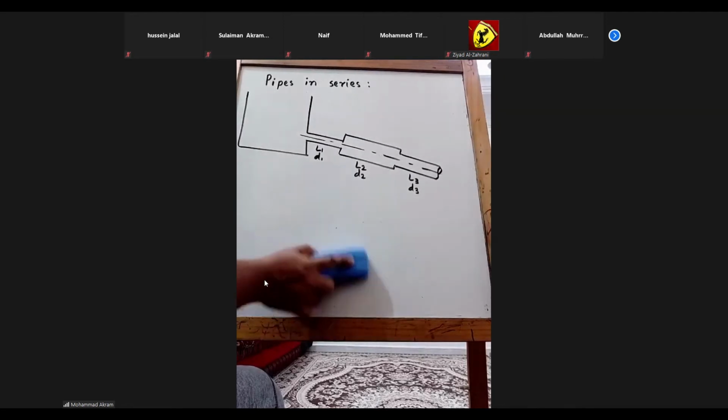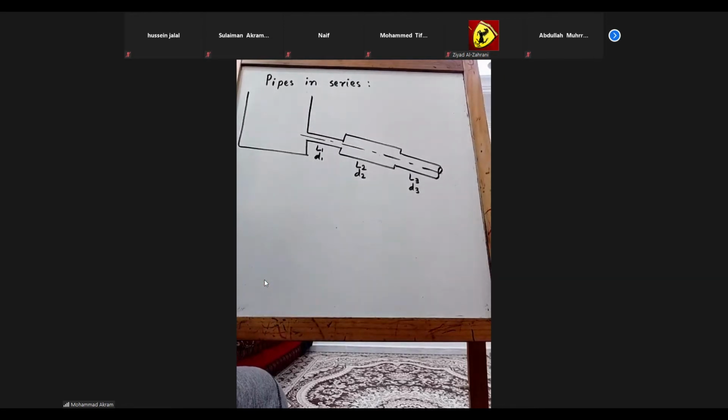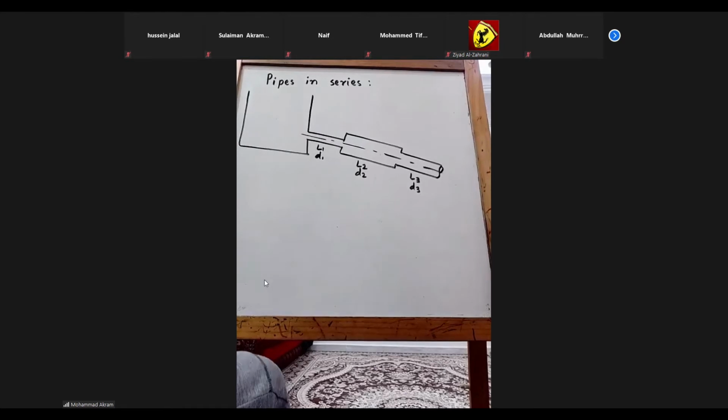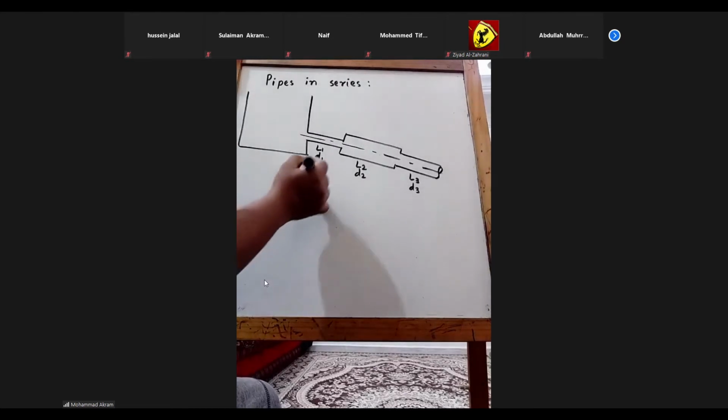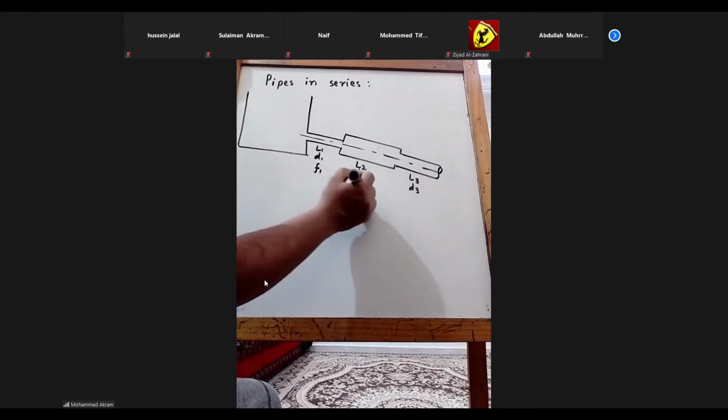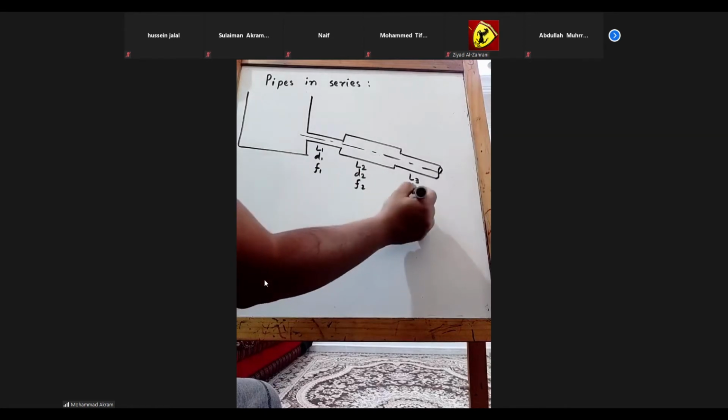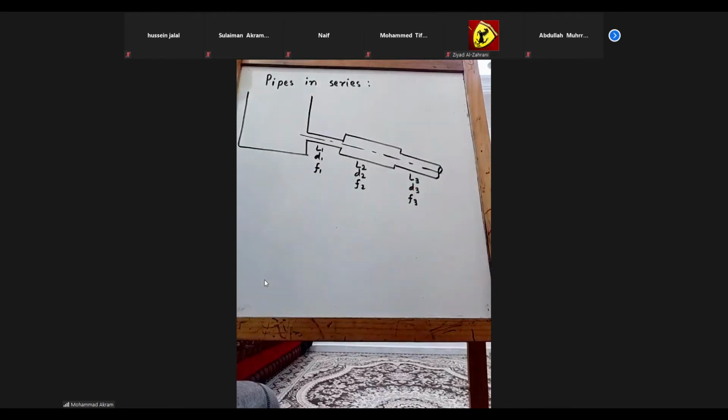So what do you think in this? Say F1 is the loss, F2 is the loss, and this is F3. This HF1 will depend on L1, D1, right?